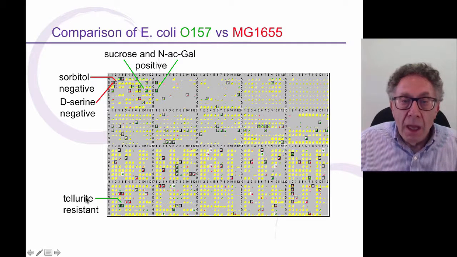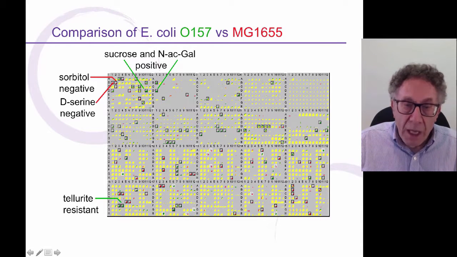And then we see consistently in a large collection that O157 is consistently also negative for D-serine metabolism and positive for sucrose and N-acetylgalactosamine metabolism.